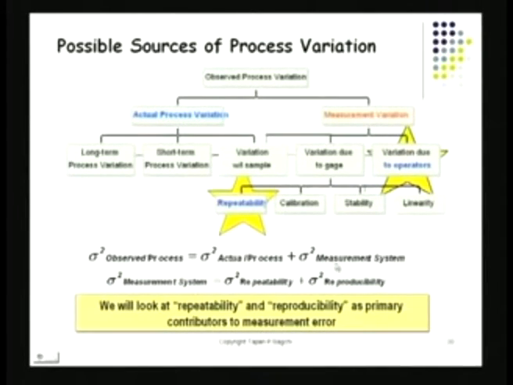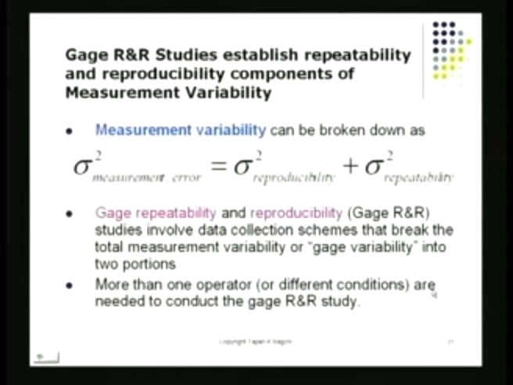And the measurement system variance itself can be split between repeatability and reproducibility. We would like to take a closer look at repeatability, which is caused by the gauge, and reproducibility, which is caused by the operator, in regard to the total variation in the observed data.